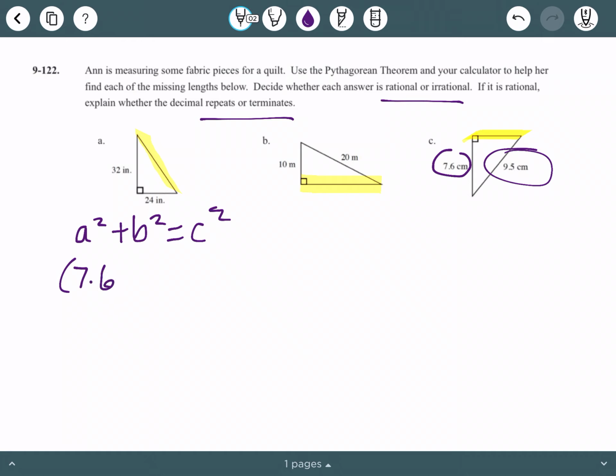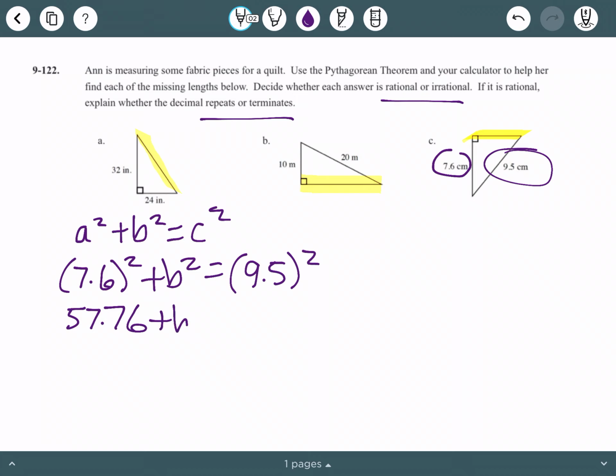So 7.6 squared plus b squared equals c squared, which is 9.5, so 9.5 squared. If I put 7.6 into my calculator and square it, I get 57.76 plus b squared equals, and 9.5 squared gives me 90.25.